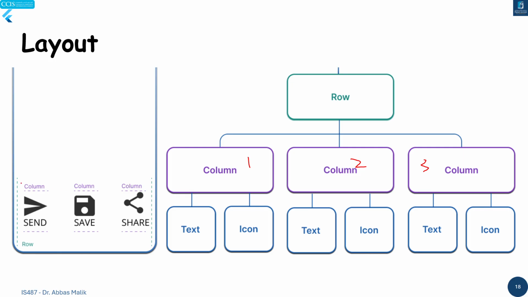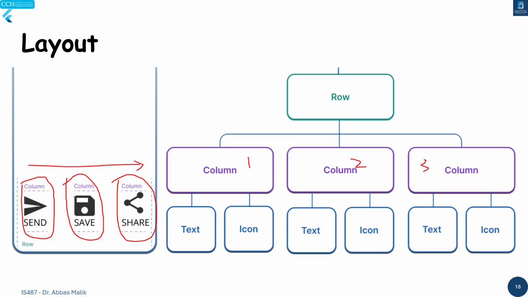These are the columns, and they are organized in the horizontal direction because of that row. And then inside these columns we have text and icons, which are arranged vertically. Inside the column, things come vertically. So we have an icon, and after that it is followed by a text. So this is how we can arrange things.